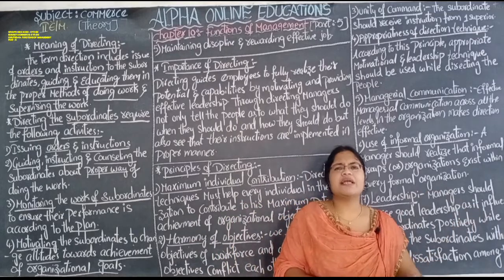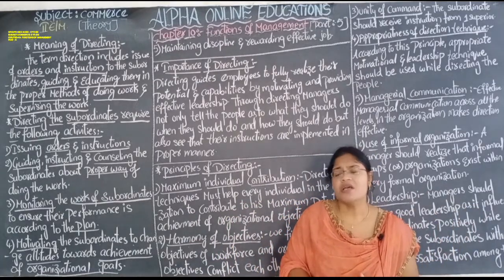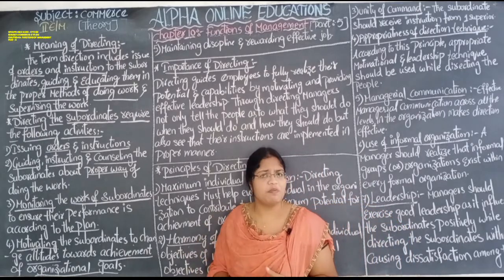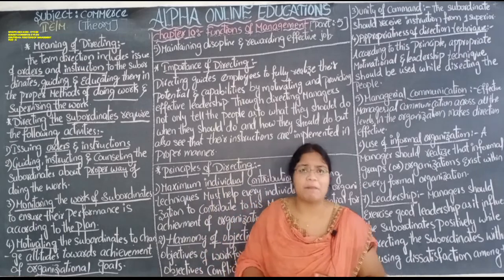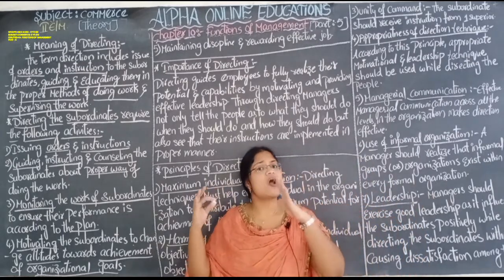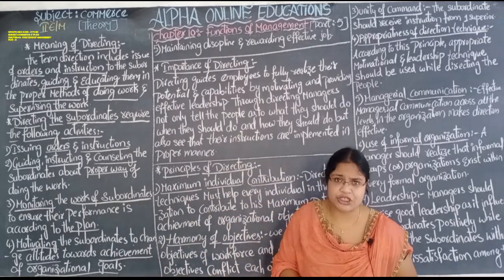See, in the organization different people are involved, and every person has a different attitude. So it is the duty of the management or the superiors to change the attitude of an employee towards the organizational objectives, or towards the achievement of the organization's goals.